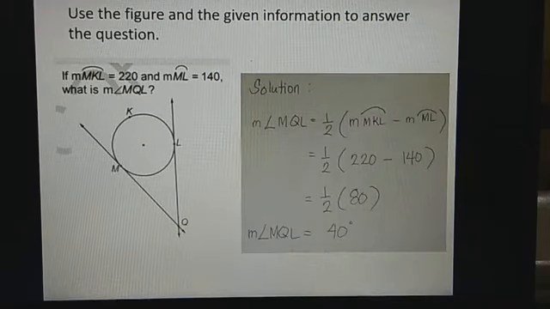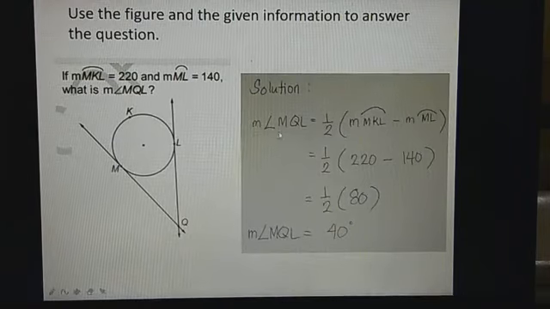ay ang gagamitin nating operation ay 1/2 of the difference of its intercepted arc. So, sa labas o minus. Kaya, ang magiging equation natin to find the measure of angle MQL ay ito.